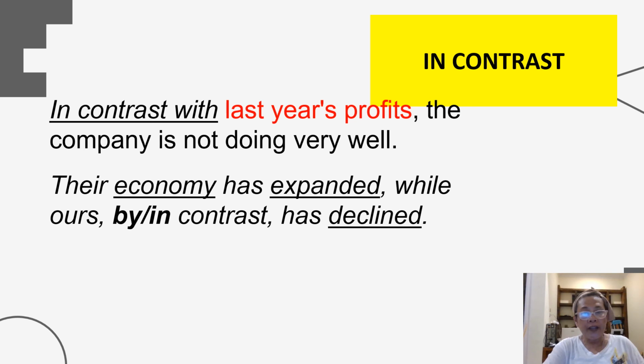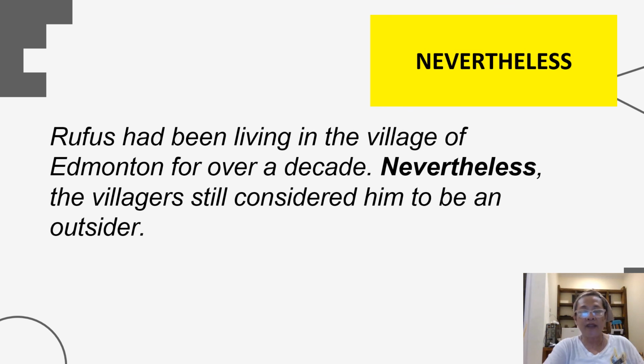Tetapi pada contoh yang kedua, their economy has expanded, while ours, by contrast, has declined. Jadi di sini bisa pakai by contrast or in contrast. Perhatikan kita menggunakannya di tengah. Subjeknya adalah ours has declined. Nah, kita menggunakan while lalu dengan menggunakan by or in contrast. Sampai di sini ini adalah penjelasan dari in contrast.